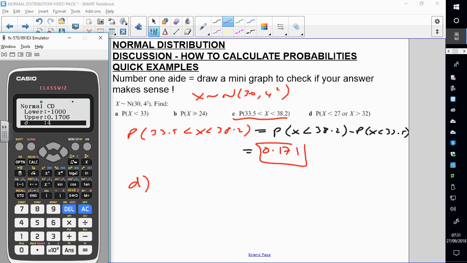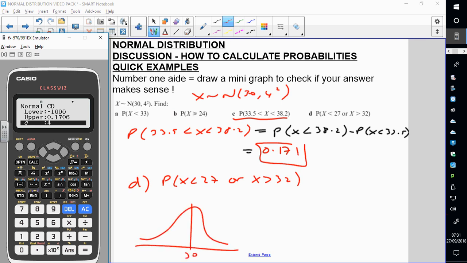Okay? Part D then, probability of x less than 27 or x is bigger than 32. If we draw our picture, here's our 30 again, remember? So we've got 27, which is less than, and then we've got 32, which is more than. So can you see we're going to have to add them up? We're going to have to do probability of x is less than 27, that's that bit.